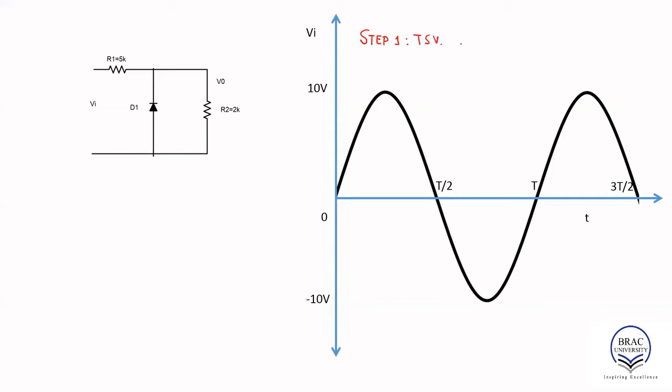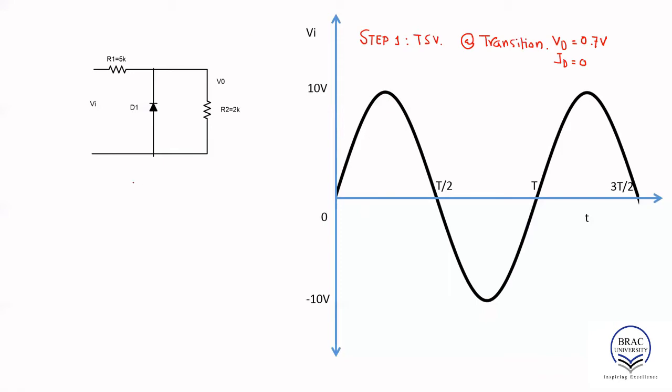Now we already know at transition, the voltage across the diode for a silicon diode is 0.7 volt, but the current through the diode is 0. So this way we are going to find out the value of Vi, when it is fluctuating between 10 volt and minus 10 volt, at what value of Vi we are going to have our transition.